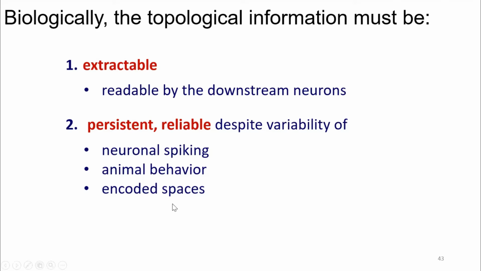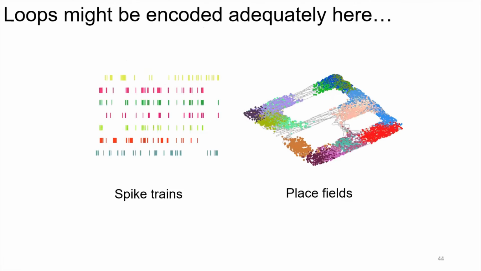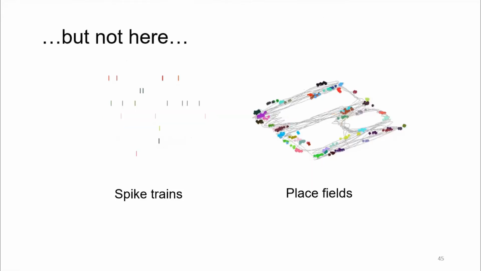Or you can imagine that the animal is running in spaces of very different shapes. And every time this approach has to produce reliable results. Will it work or not? You can imagine that if your spiking activity is reliable, if your spikes are produced reliably, have nice, fat, good-looking place cells or place fields, then maybe yes, things might work. But if the information is not sufficient, then maybe not, right?